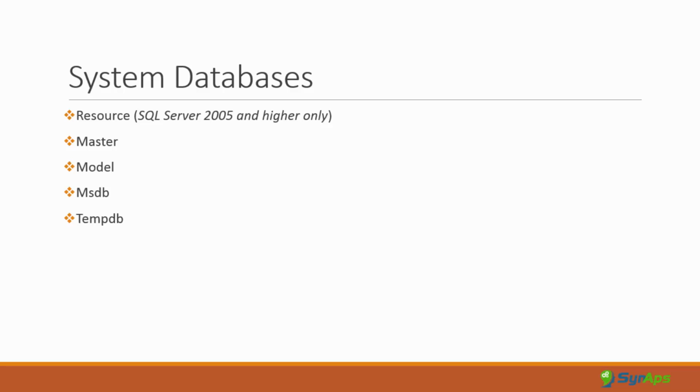The MSDB database is used by SQL Server Agent for scheduling alerts and jobs and by other features such as SQL Server Management Studio, Service Broker and Database Mail. For example, SQL Server automatically maintains a complete online backup and restore history within tables in MSDB.